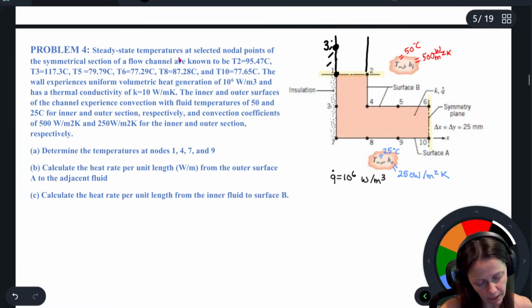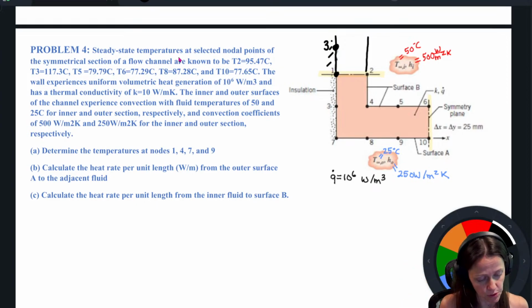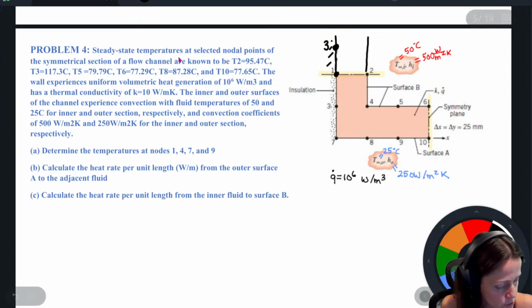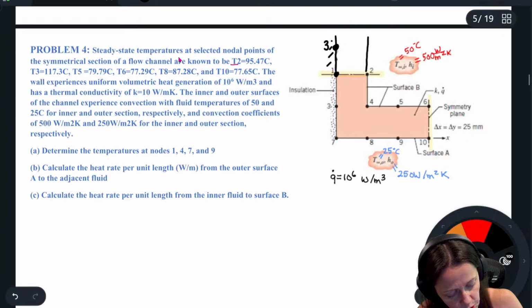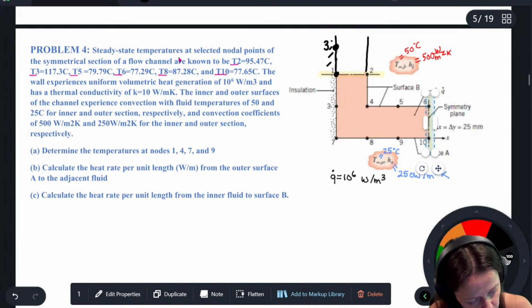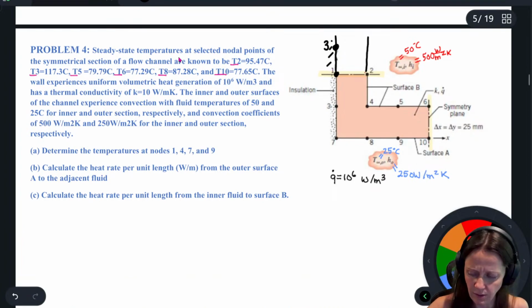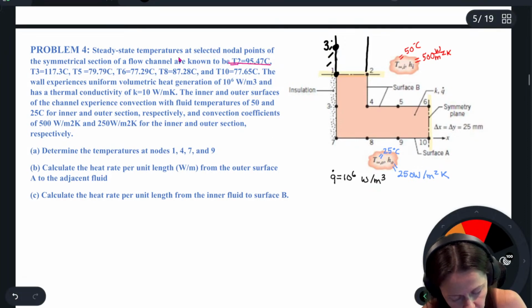Perfect. And then we happen to be given temperatures at some of those nodes. So rather than put them all at different temperatures, I'm going to put the temperatures that we know in color.